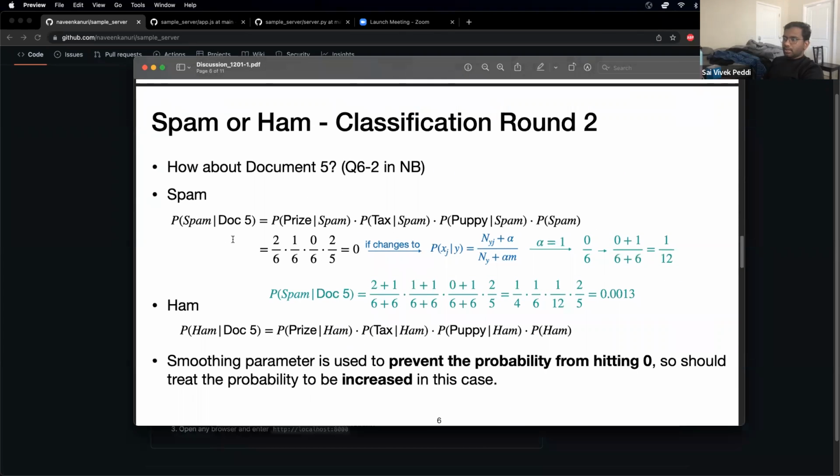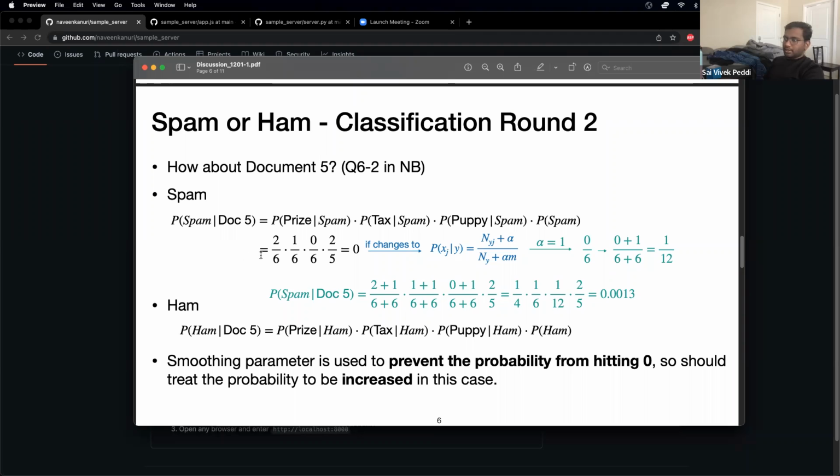The probability of spam given it is doc 5 is the probability of price given spam, probability of tax given spam, and probability of puppy given spam, times probability of spam, right?